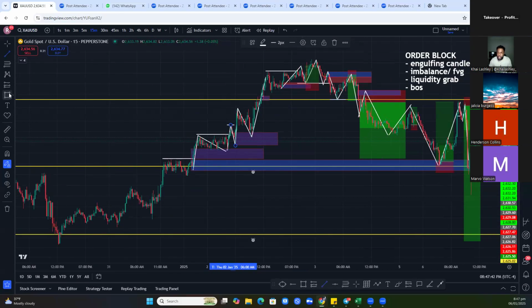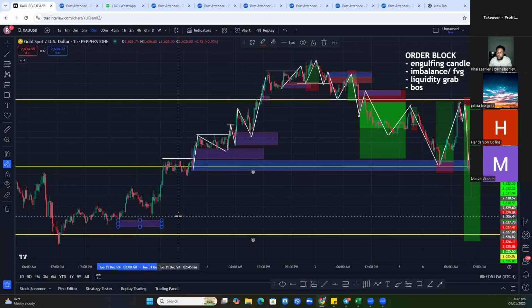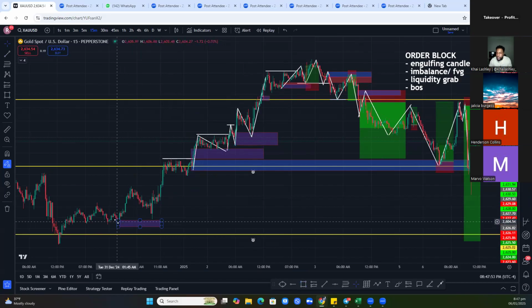Okay, so another type. The different type of engulfing that I would share with you guys here: engulfing candle, price swept liquidity. Boom, got that wick, engulfing, and some imbalance right here, from this candle to that candle. Then the market traded back down into it.